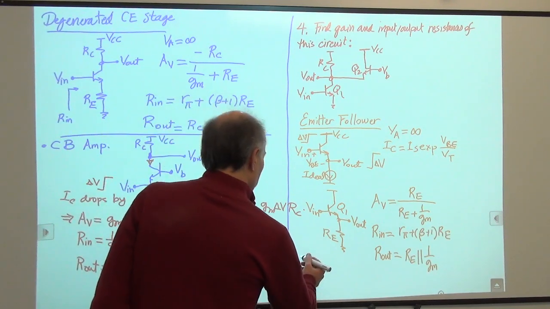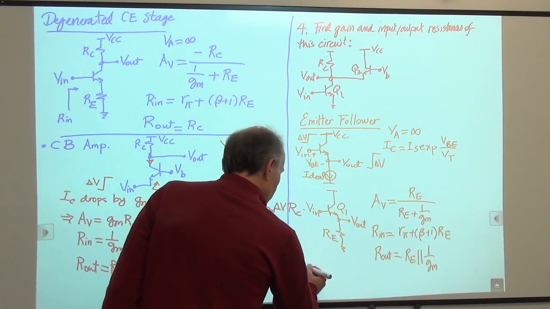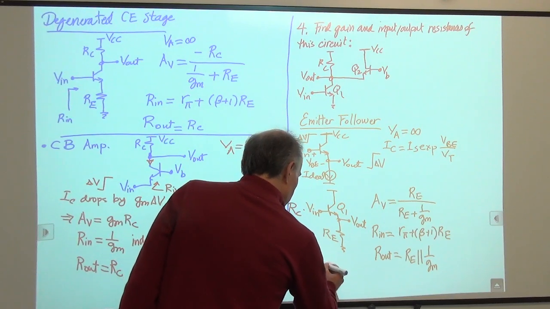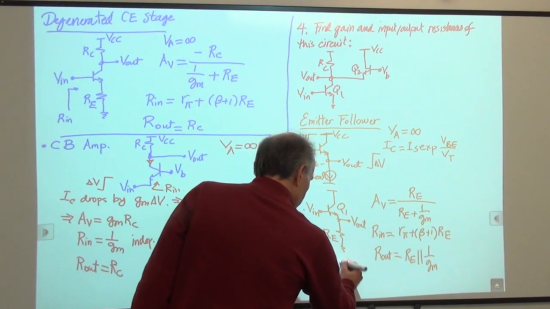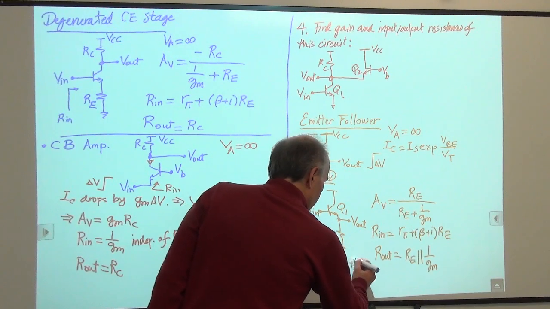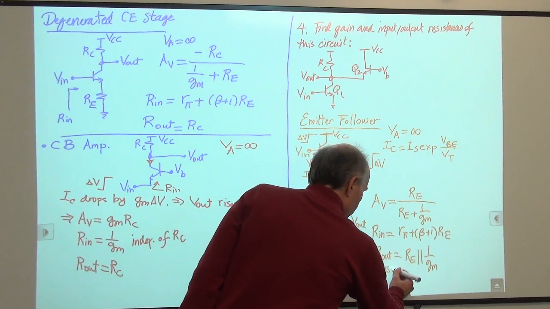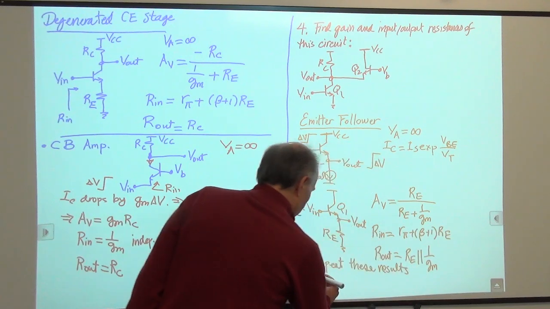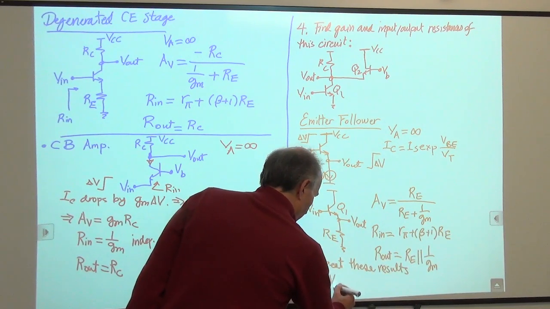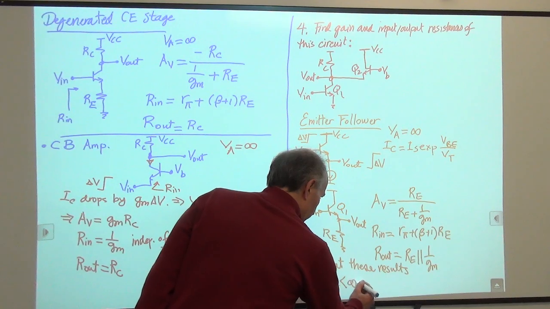This brings us to problem number 5. So repeat these results if VA is less than infinity.